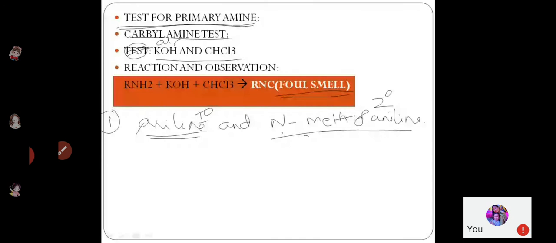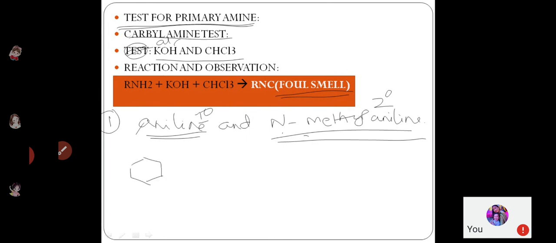The primary one gives a sulfonamide that is soluble in alkali. The 2 degree one also reacts, but the product is insoluble in alkali. Or you can simply do the carbylamine test.